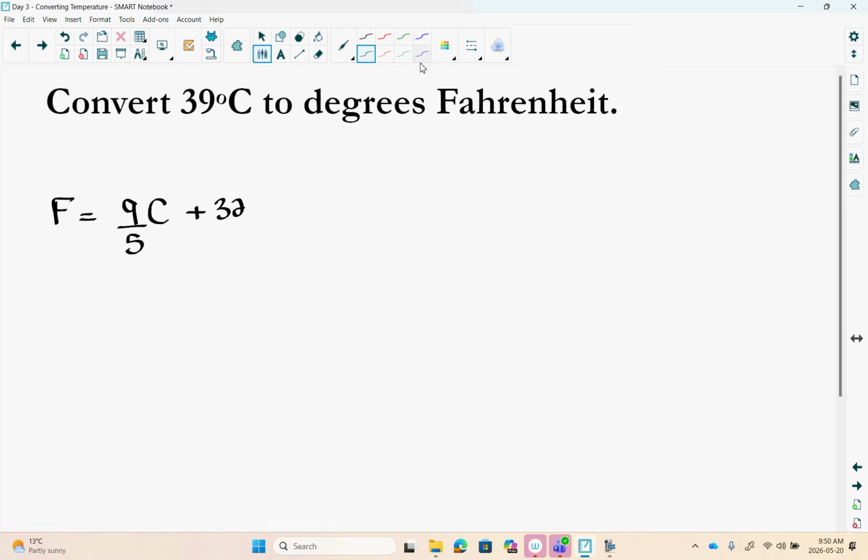Once again, I am going to fill that value in for what? F or C? X degrees Celsius, I got to fill it in for C. So here we go. F, the temperature in Fahrenheit, is going to equal 9/5. I'll fill a 39 in there. And then I'll add 32. What order should I do that in?